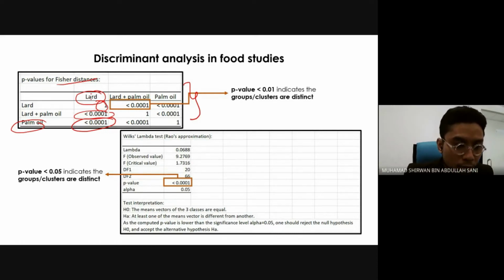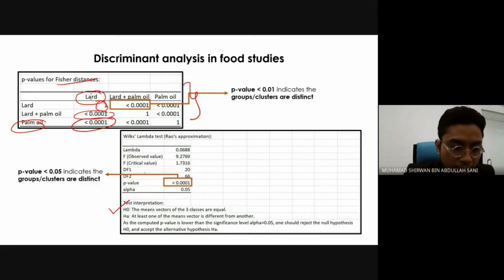Okay, another one we have is the Wilks' lambda test. Okay, this is the null hypothesis. The null hypothesis of this Wilks' lambda test is that the mean vectors of the three classes are equal. Meaning that the direction or the grouping is not different as well. It's not distinct. Okay?